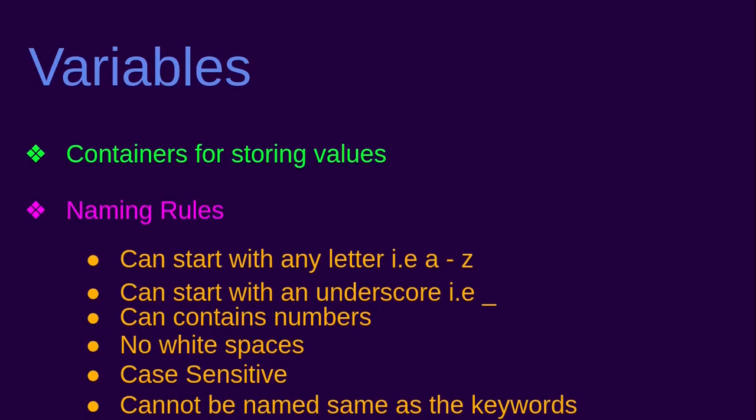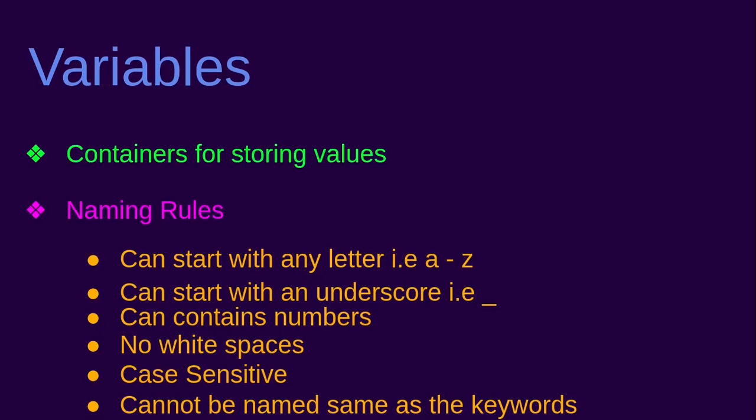We'll learn more about the keywords at a later stage and break them down, so that you know this is a keyword and I should not use it in my variable naming. That's one of the things that you need to cover. So these are the rules you need for naming your variable.